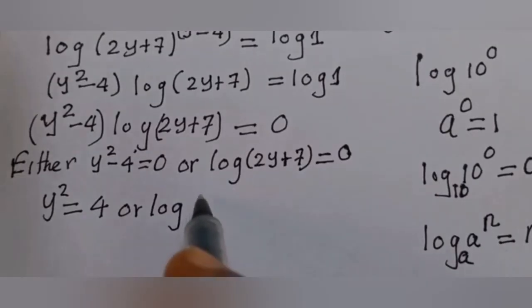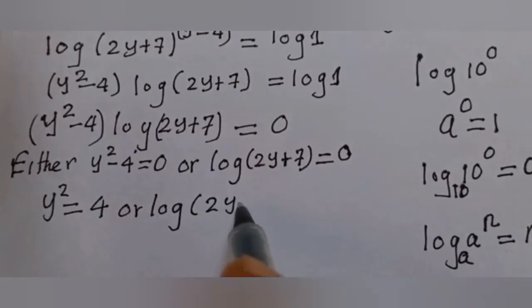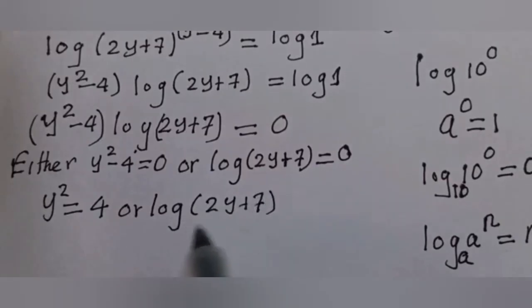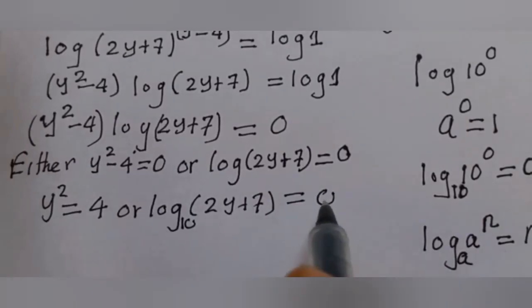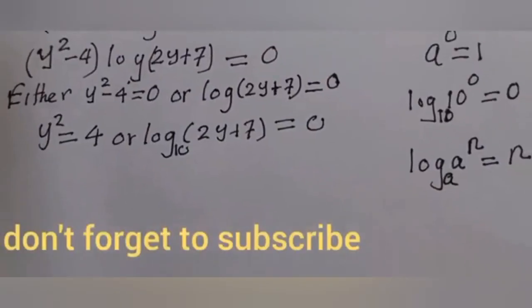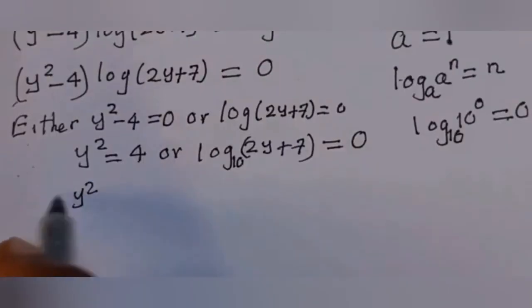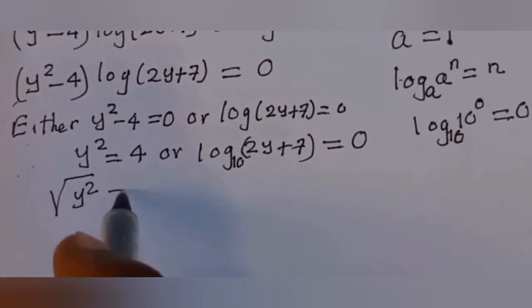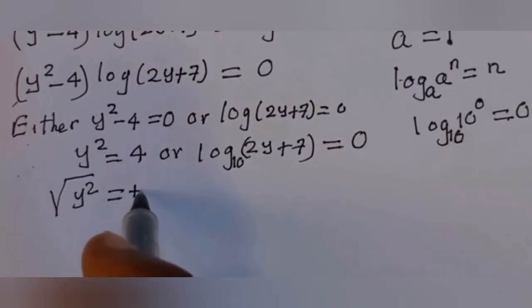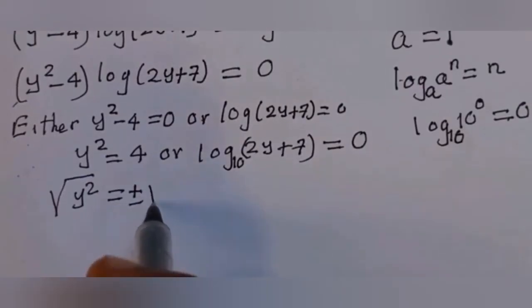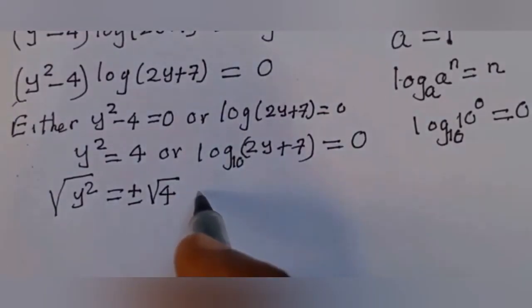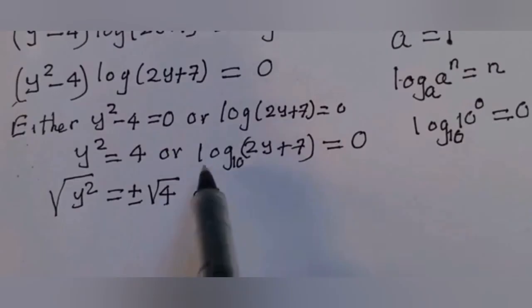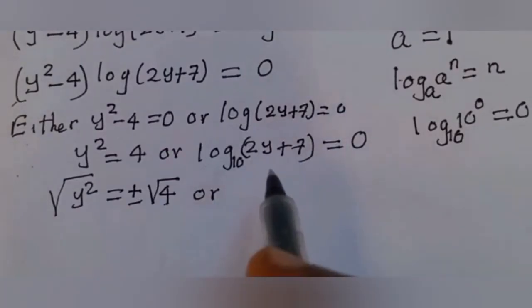So we have log of 2y plus 7 base 10 equals 0. y is the square root of 4, plus or minus, or express this one in exponential form.